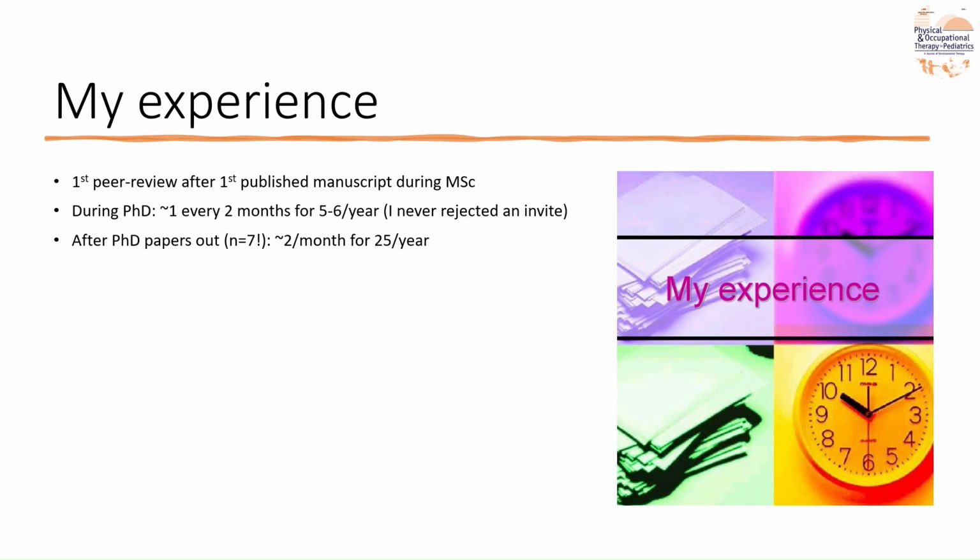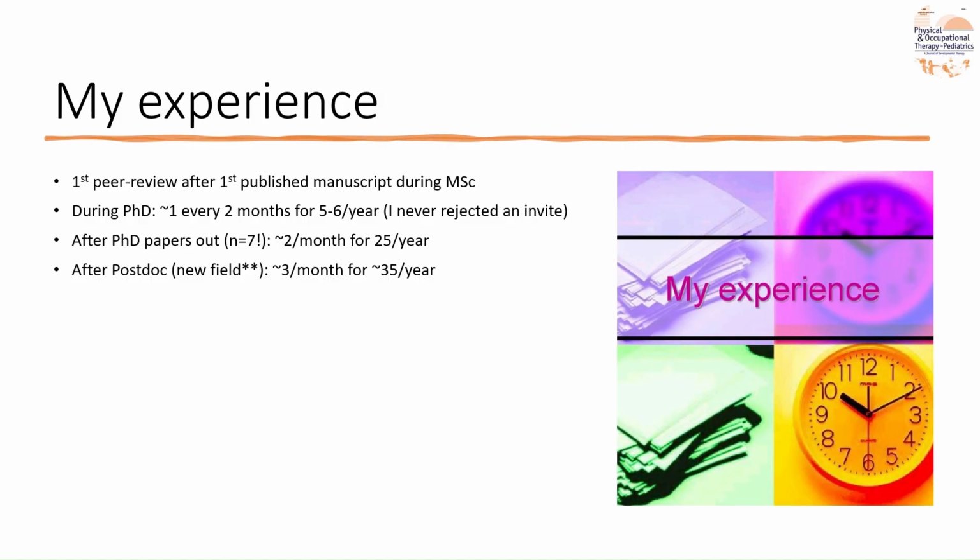After my PhD manuscripts were published, and I had 7 of them, I was invited at a much greater rate of about 2 invitations a month, and I completed about 25 reviews a year for different journals. Then, when I completed my postdoctorate fellowship, which was in a new field, I started to receive even more invitations because of my PhD, of my master's, and now of a new field in which I became expert as well.